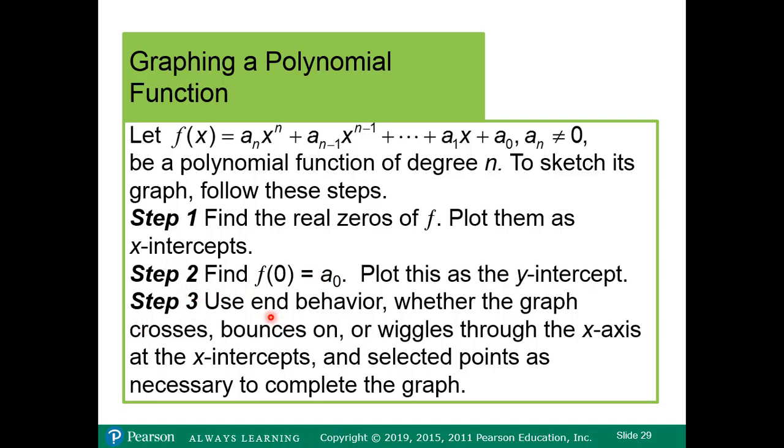And then step 3, you're going to use end behavior, whether the graph crosses, bounces on, or wiggles through the x-axis at the x-intercepts, and selected points as necessary to complete the graph. You're going to have test points to see whether the graph is above or below the x-axis, and turning points and things like that.